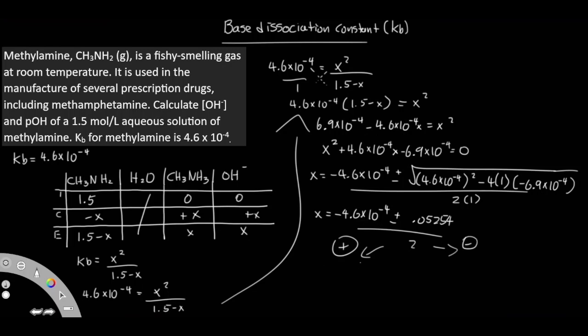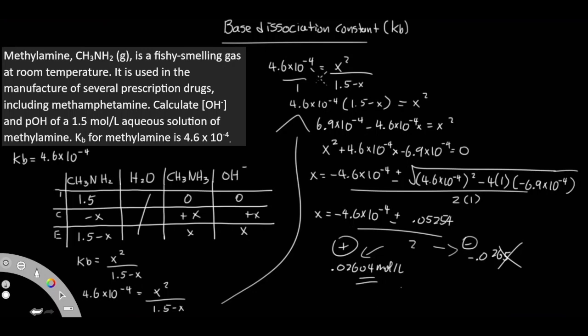The positive route is going to end up becoming 0.02604 moles per liter. If we do it on this side for the negative, we end up getting 0.265, but it's going to be in a negative value. So obviously this wouldn't make sense. So we've got to be using this one. So this here is our hydroxide ion concentration as written here.